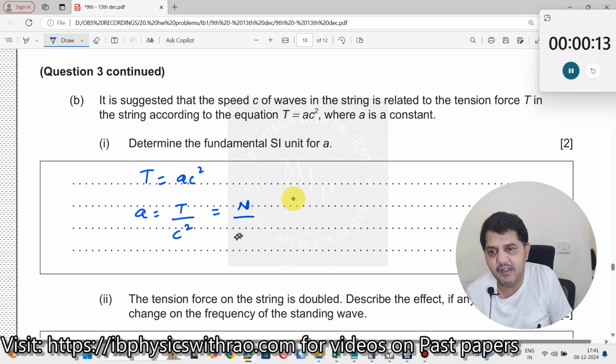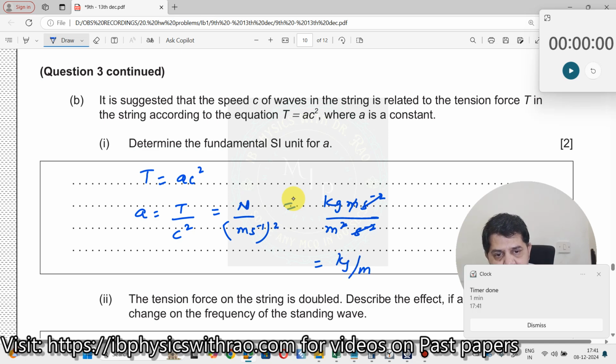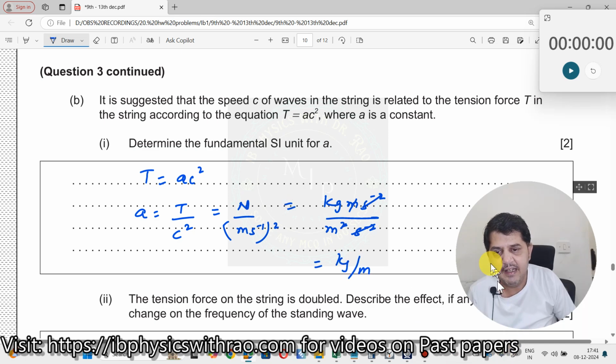Velocity, meter per second, the whole square. I'll write Newton as kg meter per second square, and this is meter square per second square. Second square cancels, meter cancels, so you get kg per meter. Thus the fundamental SI unit for A is kg per meter.